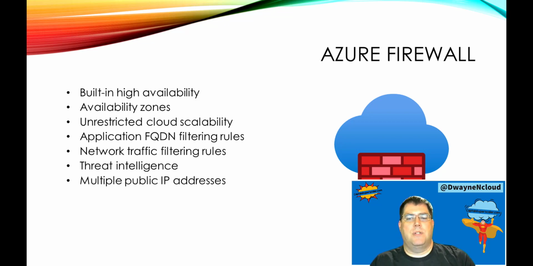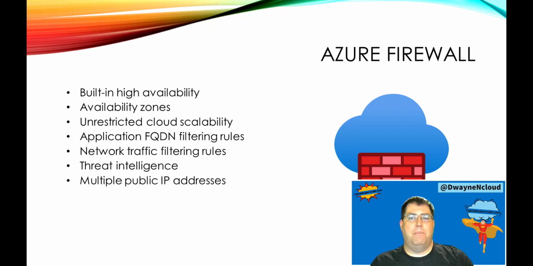It provides next generation packet filtering rules and network traffic filtering rules to protect your environment and make sure that malicious information isn't coming into your environment that might cause damage or gain access to sensitive resources.